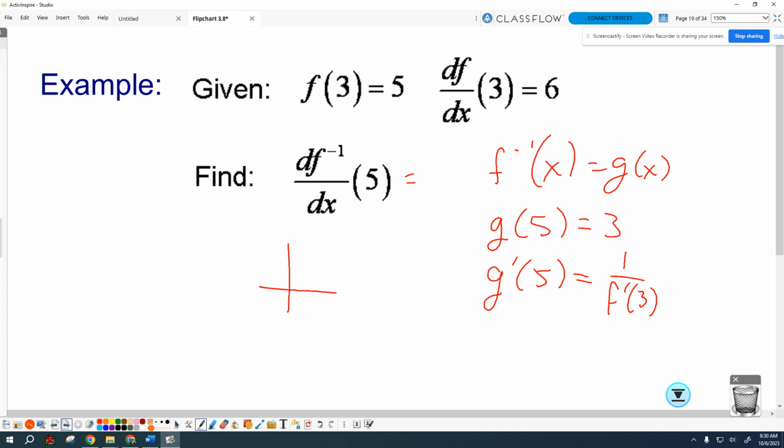This function here had a slope of 6, up 6 over 1. My counterpart function, the inverse, when I flipped it over, that run became this guy's rise.